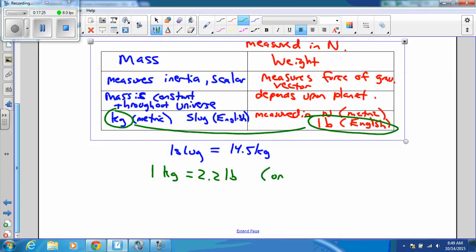This is only true on Earth. If you go to Jupiter, the correct statement would be that 1 kilogram equals about 6 pounds. And if you go to the Moon, the correct statement would be that 1 kilogram is about 0.35 pounds.